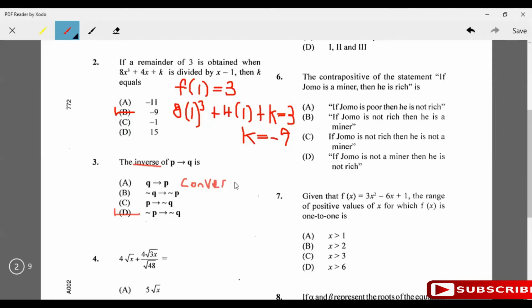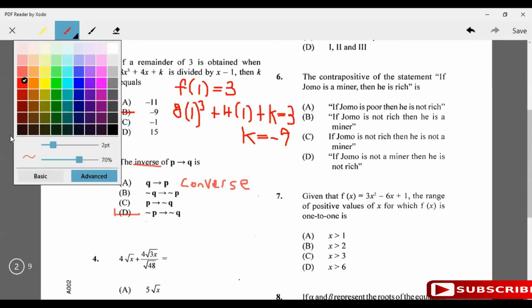So the first one is the converse. The next one right here, why is this looking pinkish? Give me a second. Yeah, that's better.